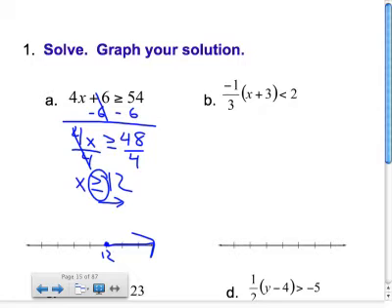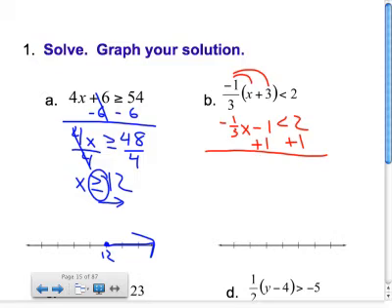In part B, a couple different ways of doing this. Most of us, I think, would look at this and say we have to distribute. So we distribute the negative 1/3, and we get negative 1/3 x minus 1 less than 2. And now again, it's just solving an equation, right? Add 1, add 1. So negative 1/3 x less than 3. Now, in order to get rid of this, remember, multiply by the reciprocal.